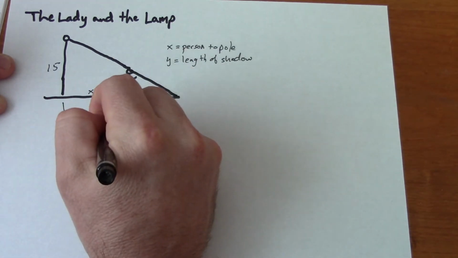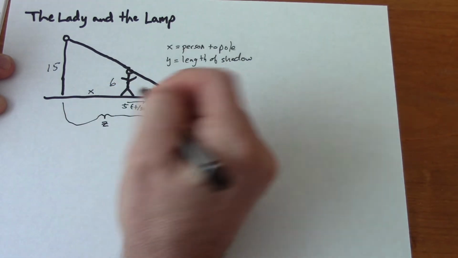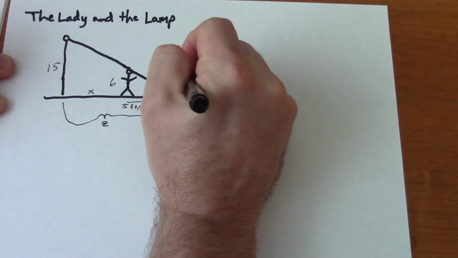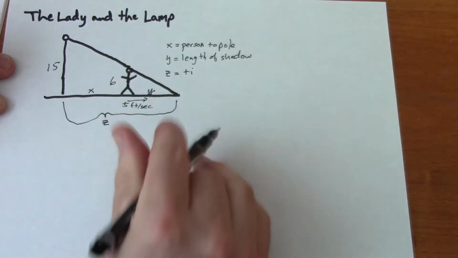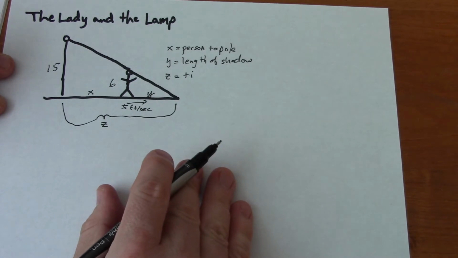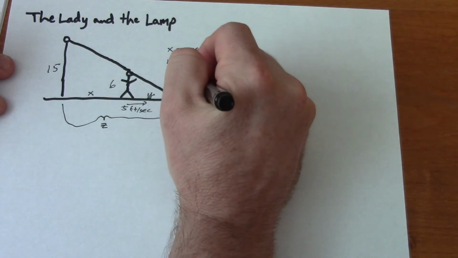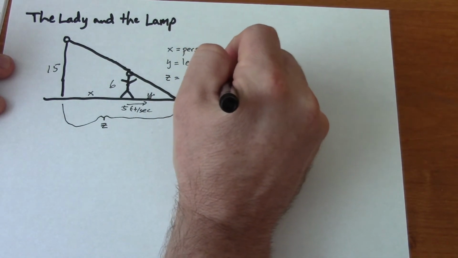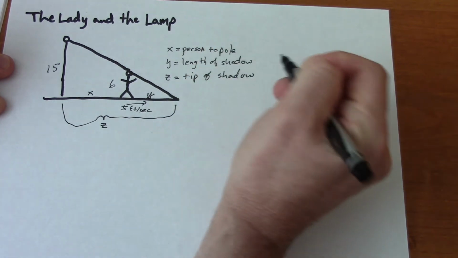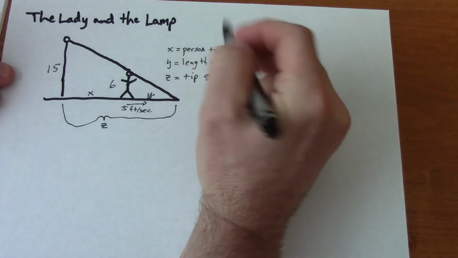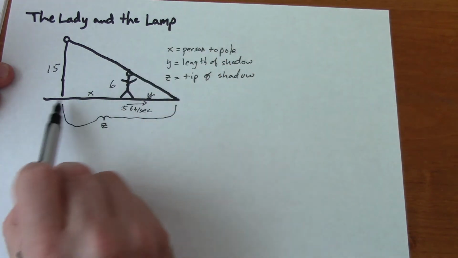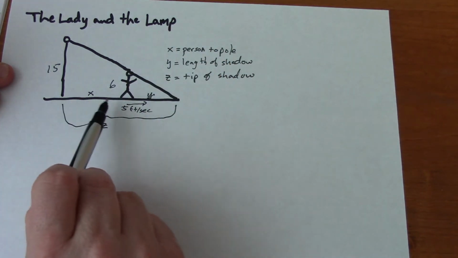So this distance here, z, that's going to be the distance from the pole to the tip of the shadow, so it's going to represent the point where the tip of the shadow is moving. And that's the one we're looking for here. Okay? We were told how fast this person's walking, so that's going to be related to how fast x changes.